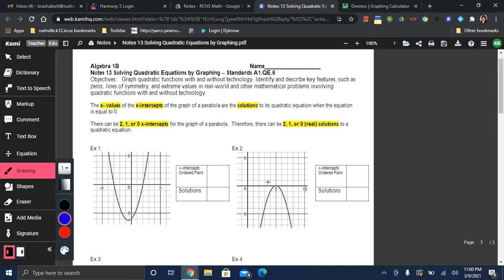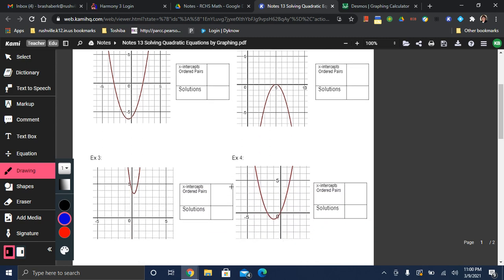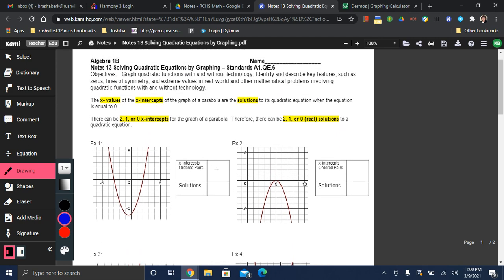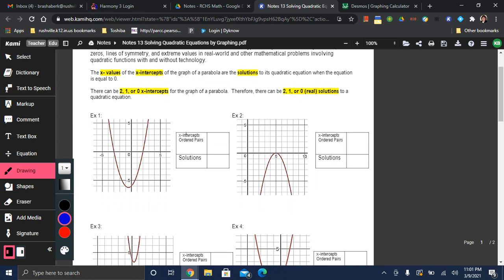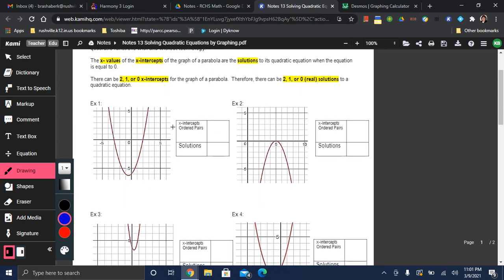We're going to look at 4 different types of parabolas, and they will show you that sometimes you can have 2 x-intercepts, which would be 2 solutions, or you could have 1 x-intercept, which would be 1 solution, or in fact, you could have no x-intercepts and no real solution to the quadratic equation that would go with this graph.